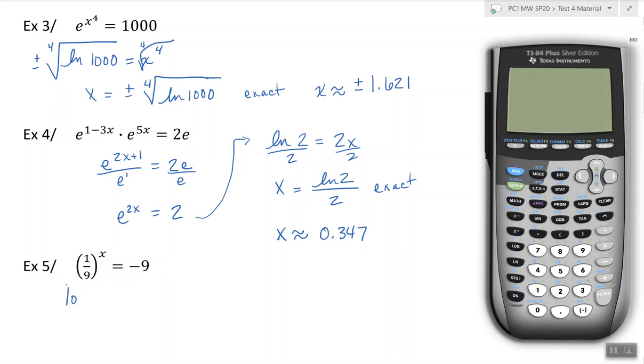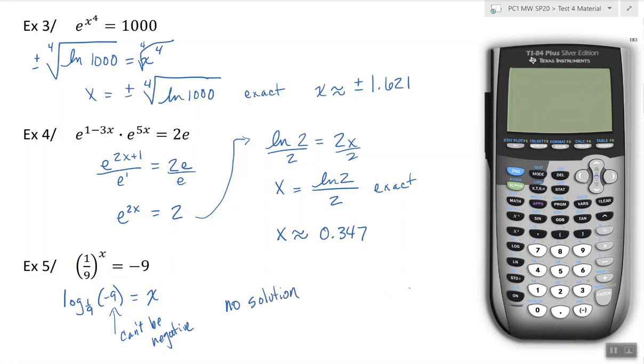So if we have the log base 1/9 of -9 equals x, we know already we can't solve. We can't have a negative argument. Okay, so we'll just say that that can't be negative there. So there is no solution.